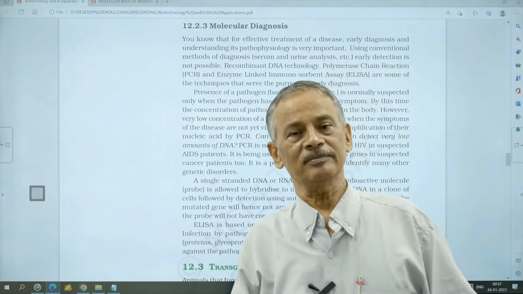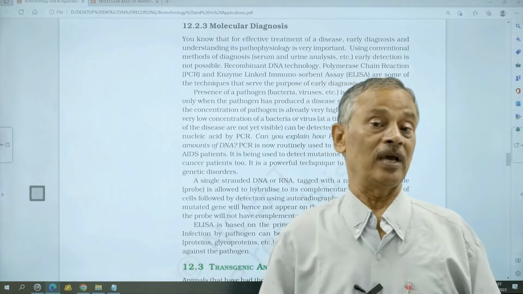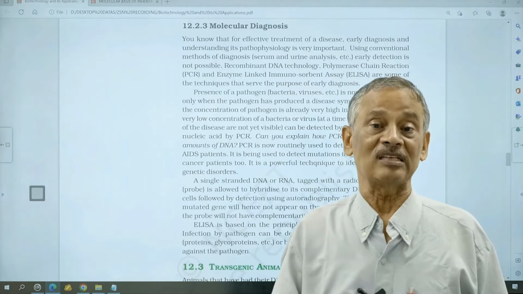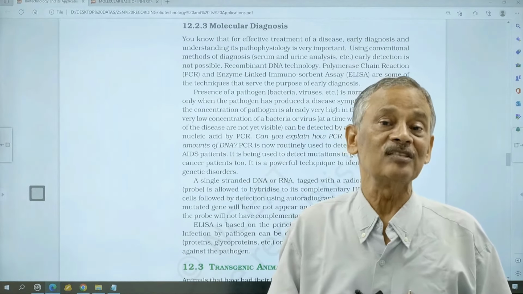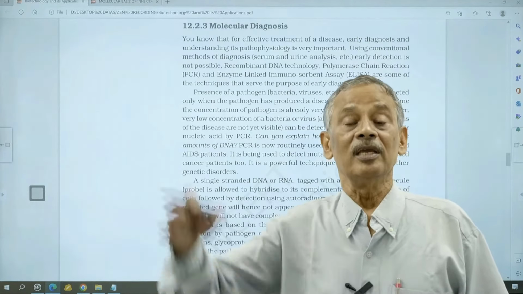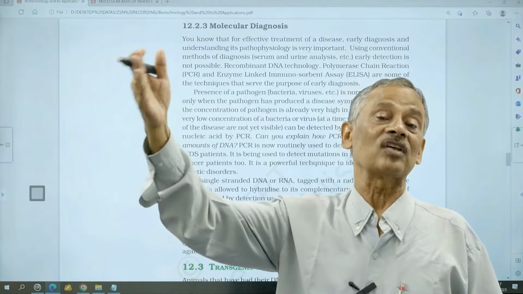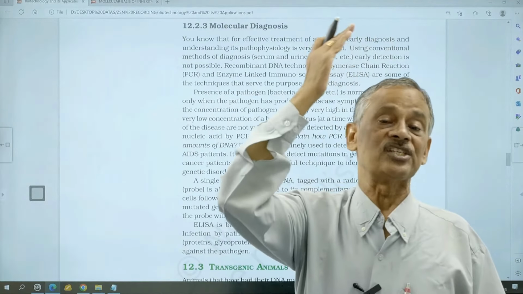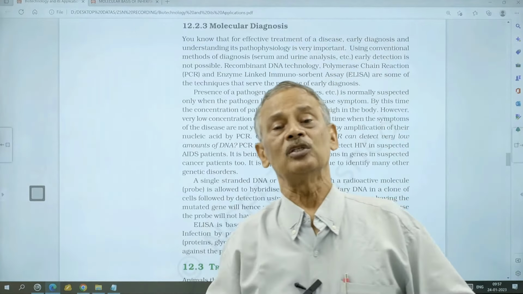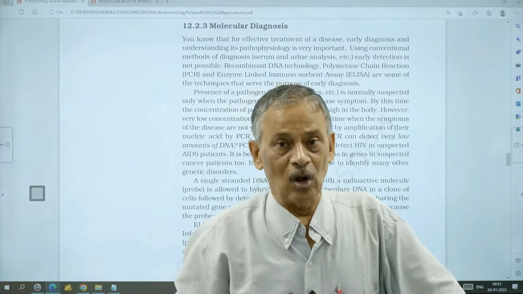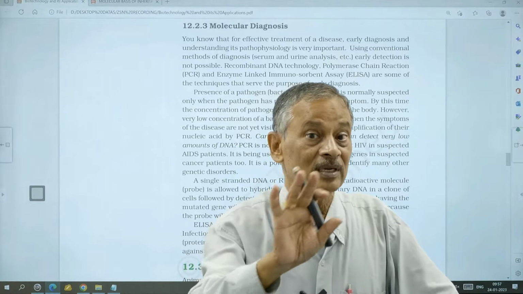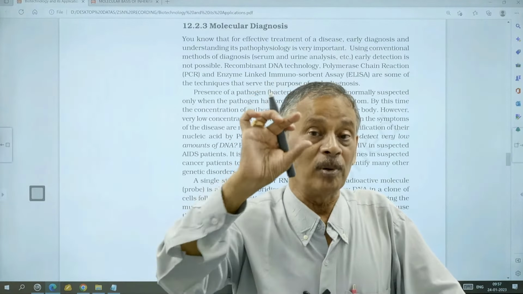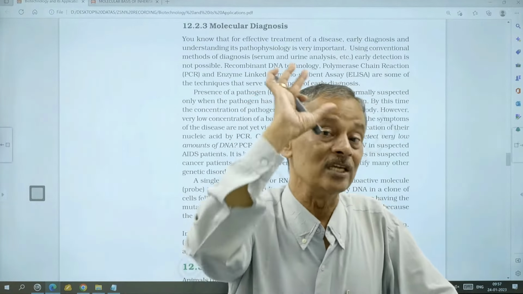Bands appear. And if no bands appear, the probes are not attached. Means your gene is different from the probe. Your gene has undergone a deviation, a change. That is mutation. Your gene is mutated. Because the probe is having the sequence which is complementary only to a healthy, normal gene.